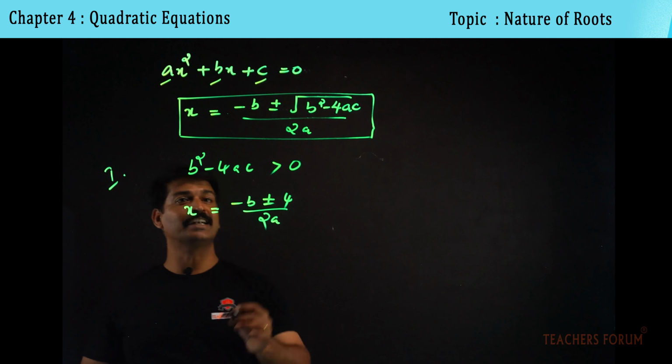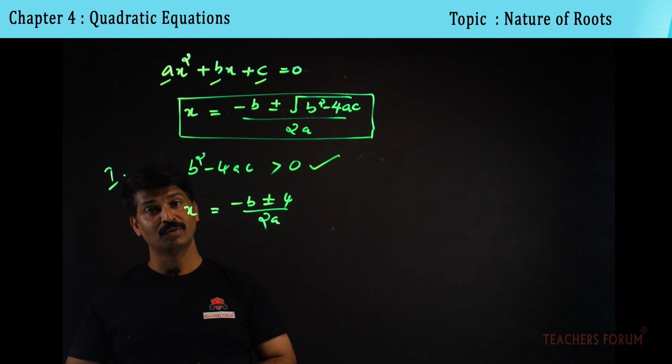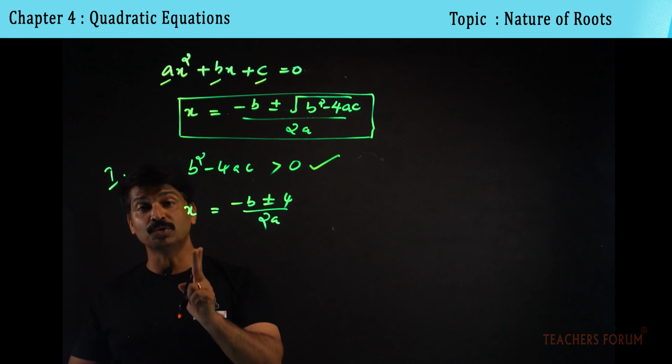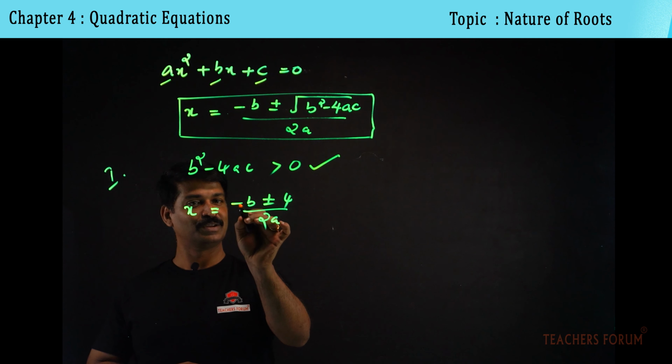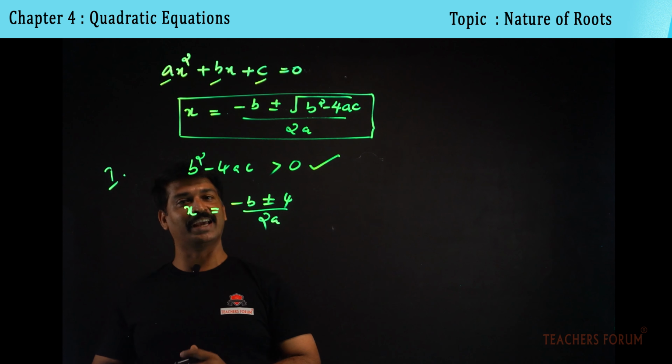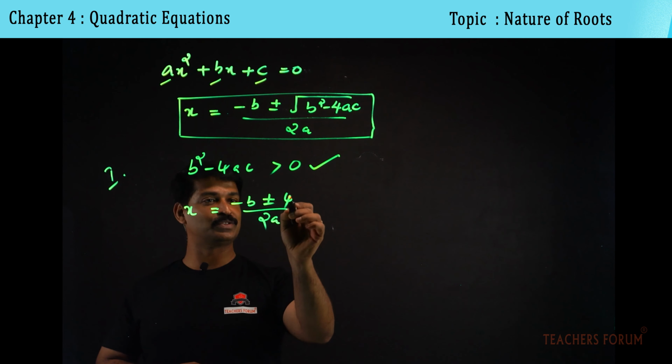So we conclude that if b square minus 4ac is greater than 0, you will be getting two real roots that will be different. The first will be minus b plus 4 by 2a and the second will be minus b minus 4 by 2a. As an example, we assumed b square minus 4ac is 16, so the square root value is 4.